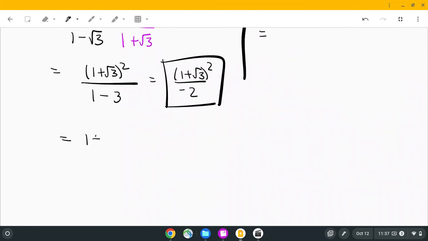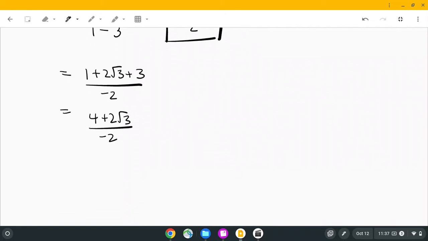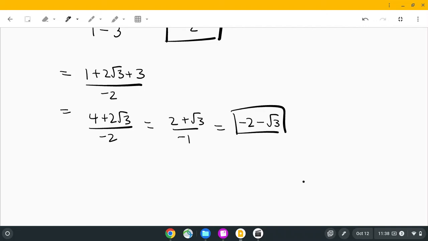And that's easy to do. 1 plus 2 square root 3 plus 3 all over -2. 3 plus 1 is 4. 4 plus 2 square root 3 over -2. They're all divisible by 2. So I get 2 plus square root 3 over negative 1. I can distribute that negative 1 on top, so I get negative 2 minus square root 3. They're probably going to take this one.